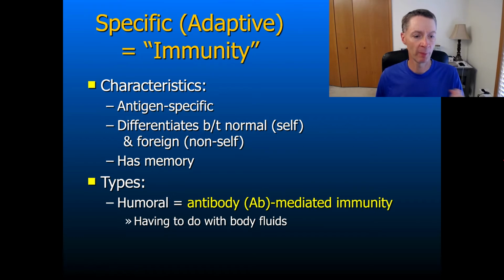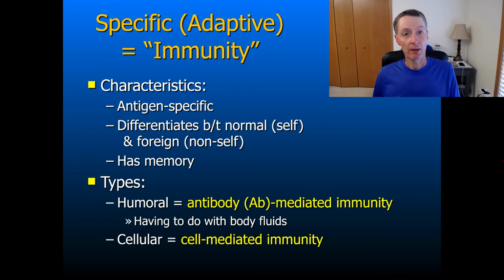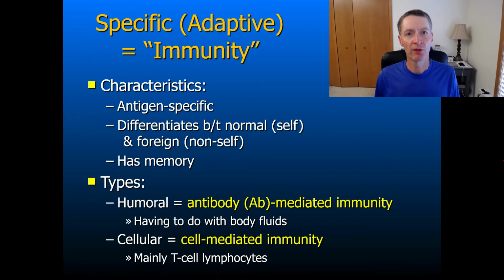So it has to do with the body fluids. The cellular, or cell-mediated, side of adaptive immunity has to do more specifically with the T cells, that type of lymphocyte in our system. What we're going to turn our attention to soon will be that humoral and then our cellular side.